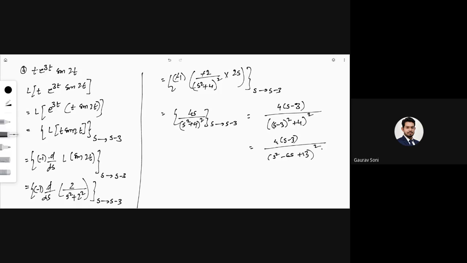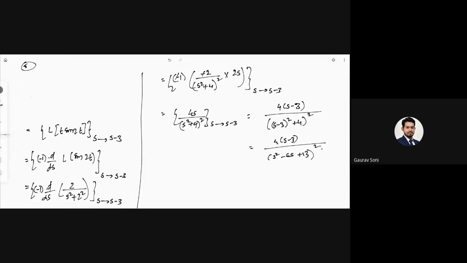Next example, the fifth one, Laplace of... we will have to try this. The function is integration 0 to t sine of t by t dt. Try this.